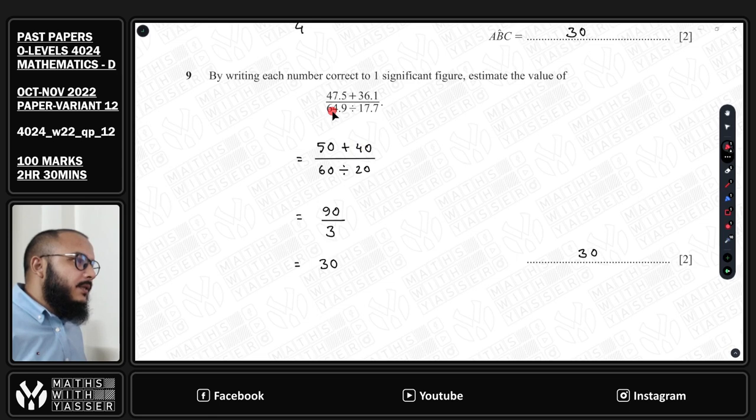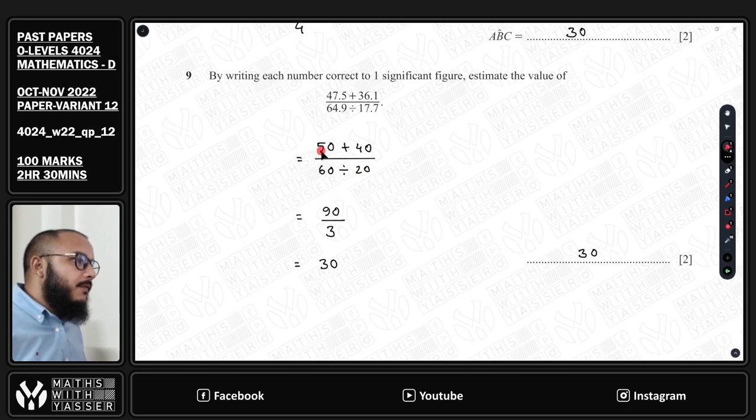And 64.9, if we want to convert this to one significant figure, then the number 4 will not change the number 6, it will remain 6, and it will become 60. And 17.7, the 7 will change the number 1 to the number 2, so it will become 20.